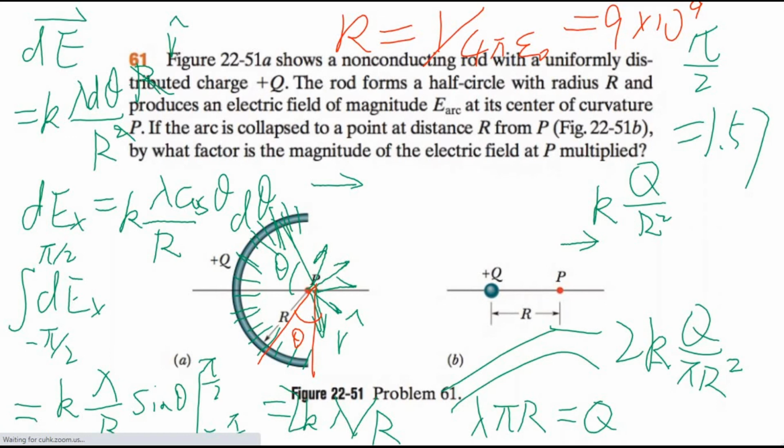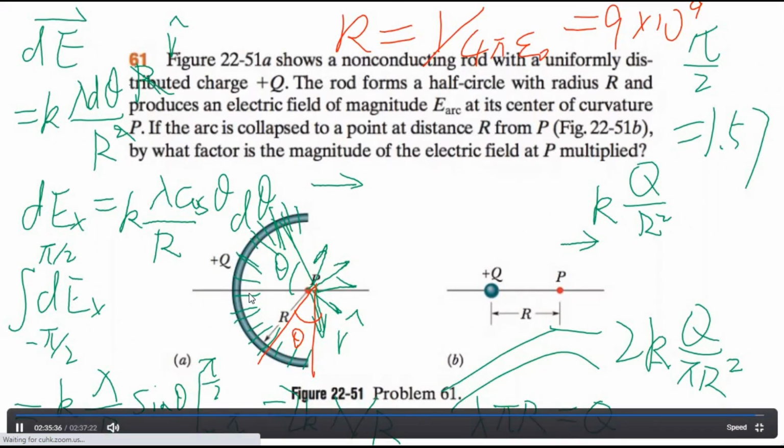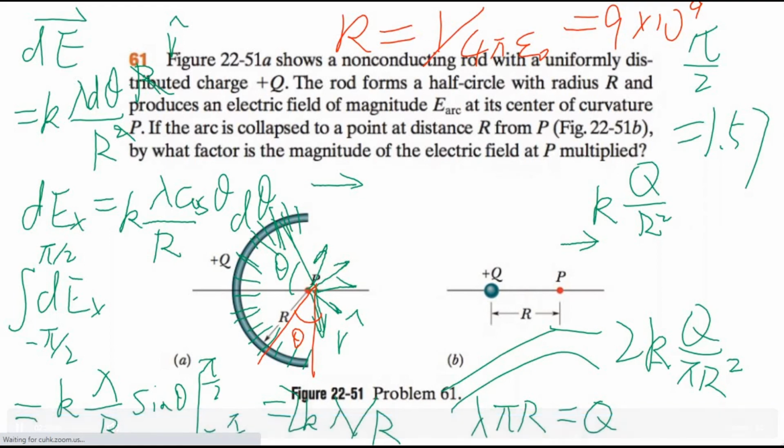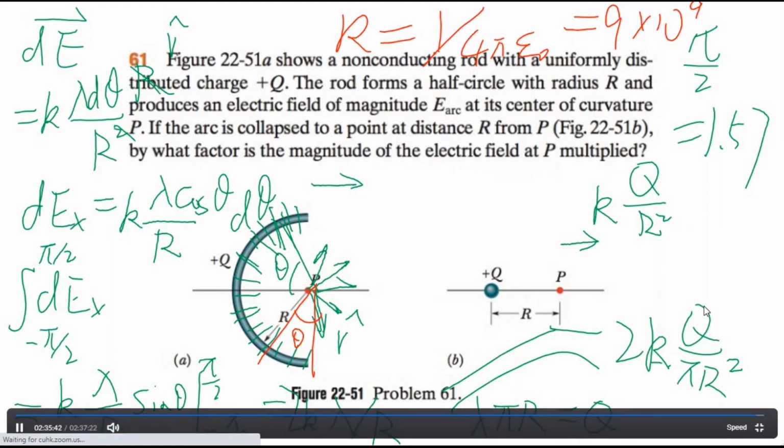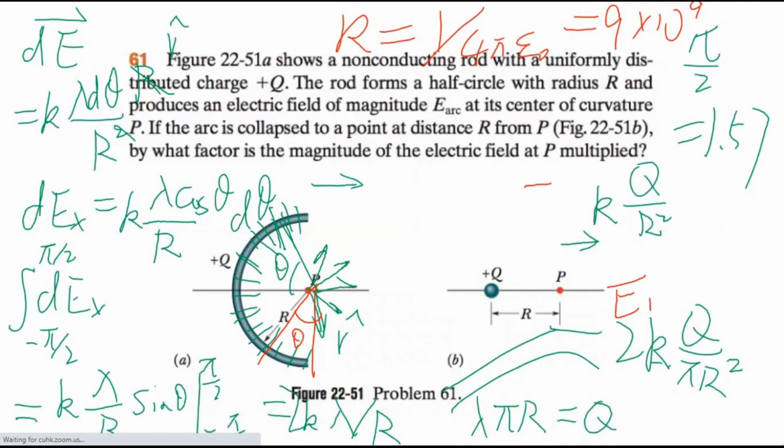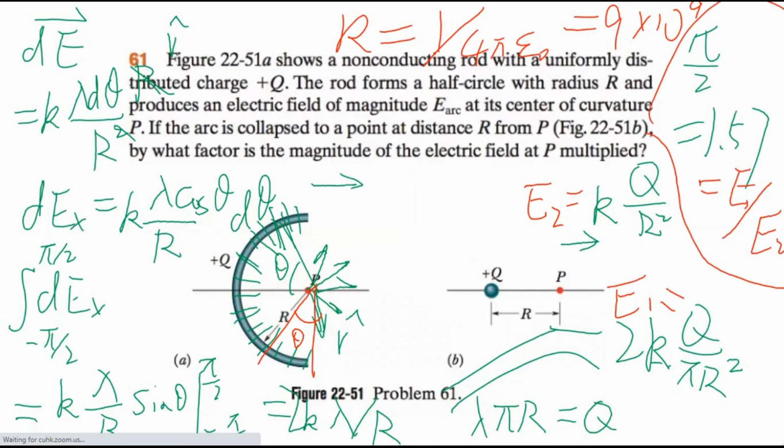So if this is E1 and this is E2, the ratio is E1 over E2. Yeah, because they are asking by what factor.